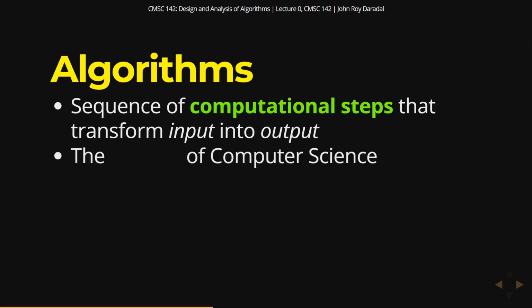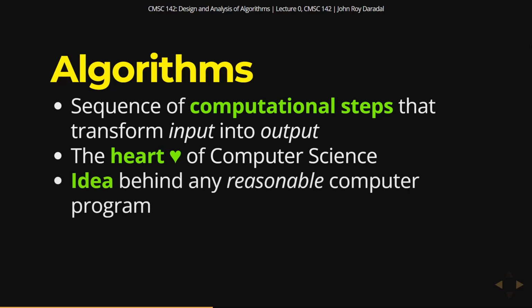Algorithms are considered the blank of computer science. Do you know what should be in the blank? It's considered the heart of computer science. So algorithms are very important in computer science.